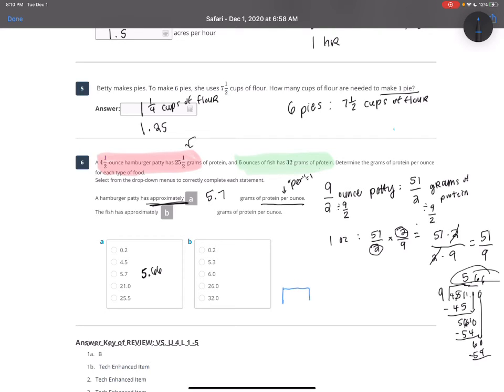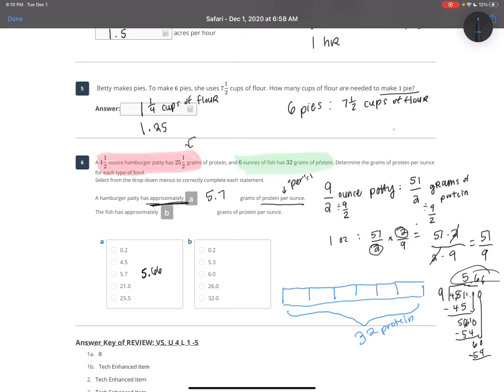So 1, 2, 3, 4, 5, 6. This is 6 ounces, and all of this represents 32 grams of protein.